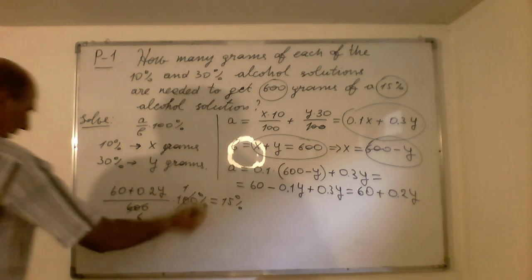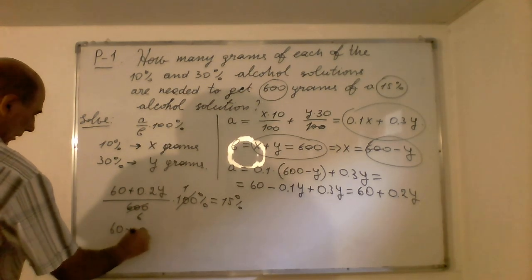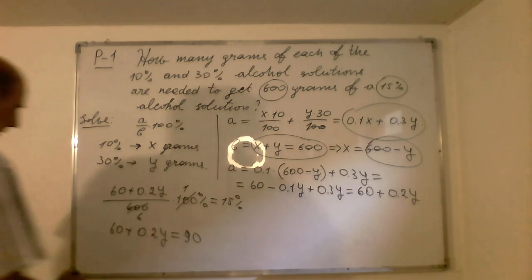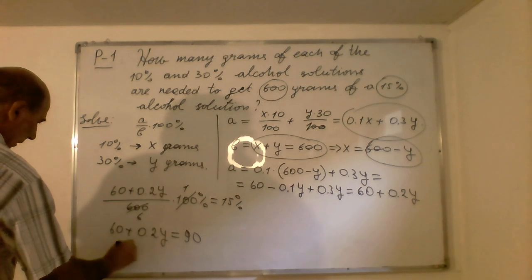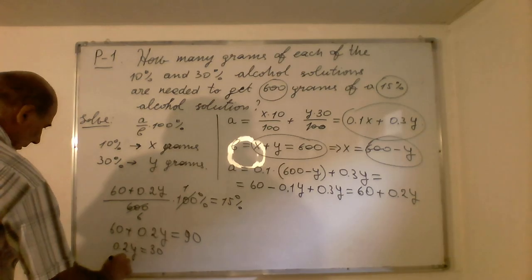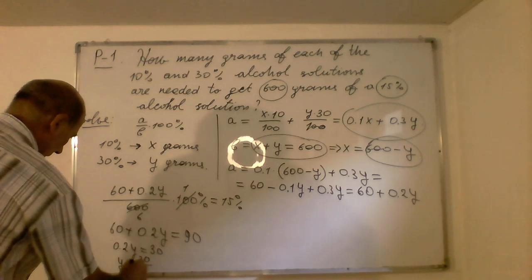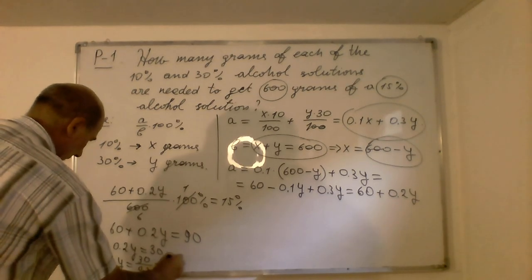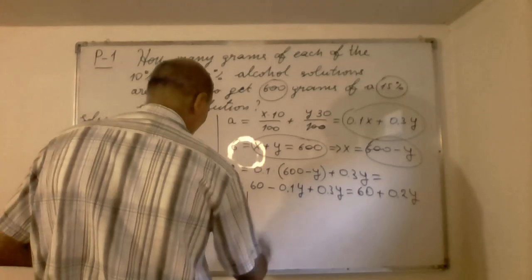And from this equation we can write 60 plus 0.2y equals 90. And from this equation we can write 0.2y equals 30. And from here y equals 30 divided by 0.2, which equals 150.